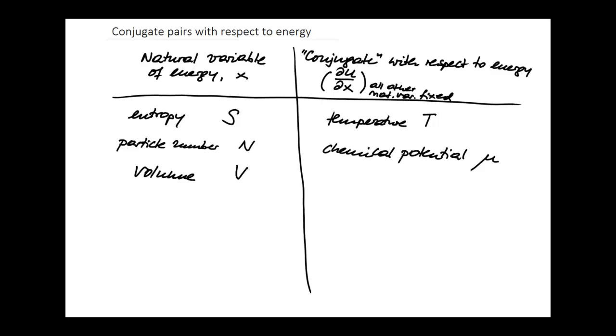It's something that you control externally. Now look again at the energy differential. You have a contribution du is equal to some coefficient times dV, d volume. Now, quite generally, what's the sign of this coefficient?